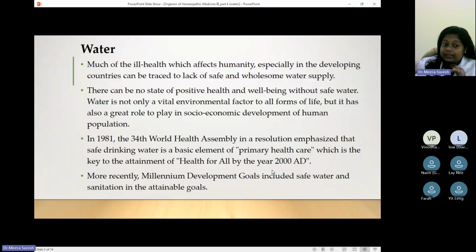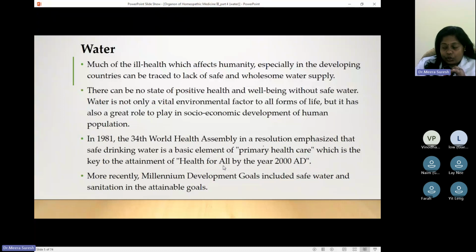It was told in 1981 that via primary health care, by the year 2000 AD, the world should achieve health for all. But even now, it has not happened. It was in 1981 that water was connected to primary health care, and primary health care to the attainment of health for all.